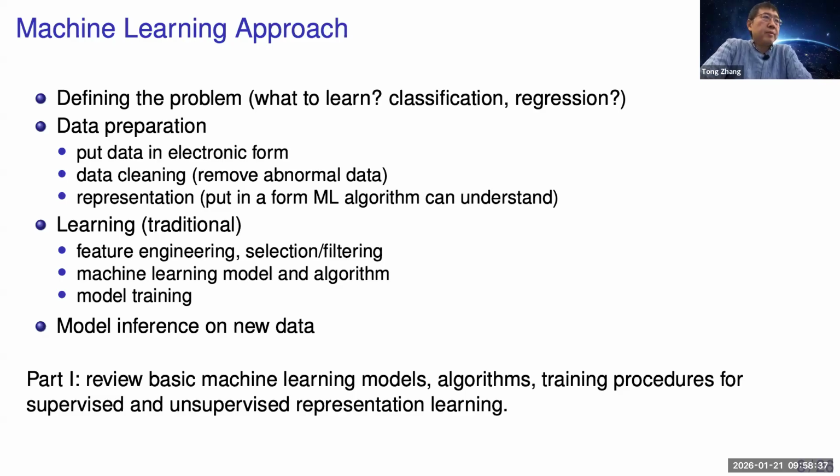Then there are machine learning models and algorithms, which is essentially what people typically talk about in a machine learning class, including this class. So we will focus more on the models and algorithms.